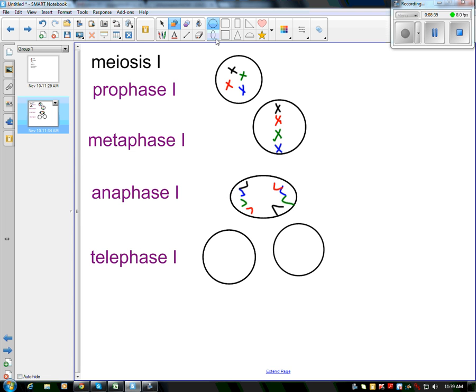Now these chromosomes in the sex cells immediately go back into their pairs when they divide, but you get two pairs up there and two pairs here. Now we go right into meiosis 2.